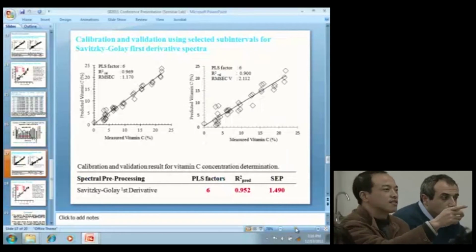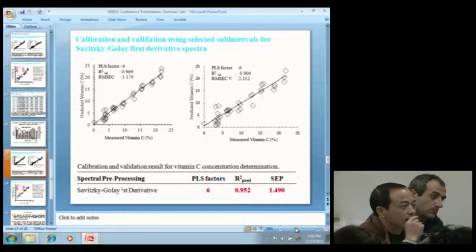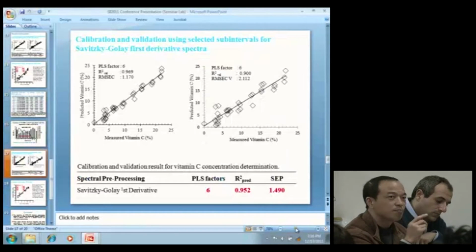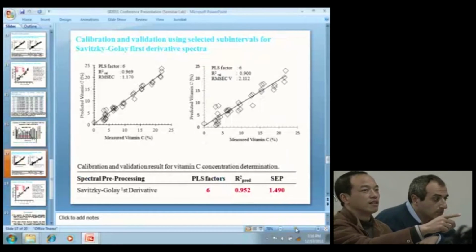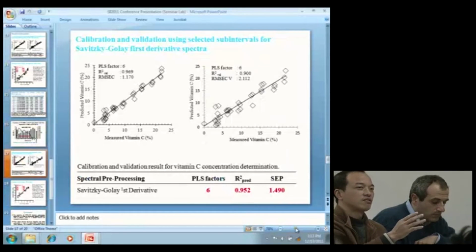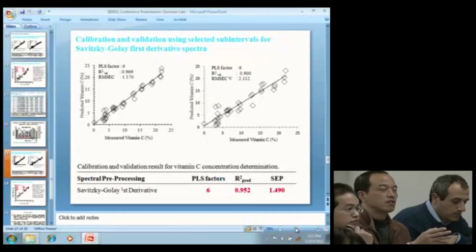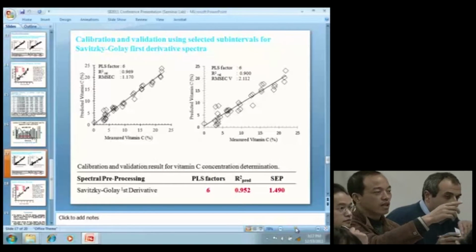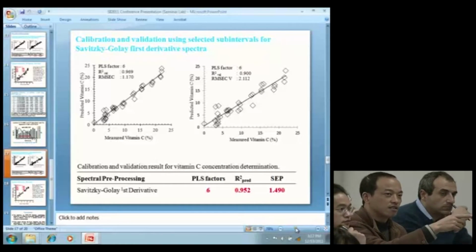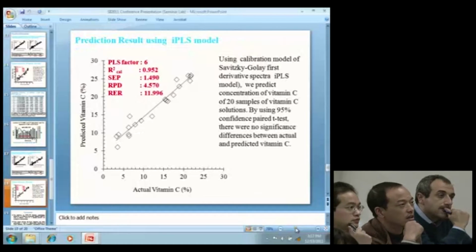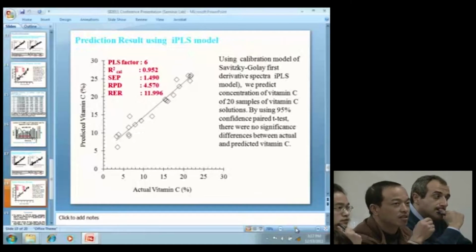I think the table just shows the prediction result. This one, just the result of the prediction. Yes, this is the prediction. So I think it should be moved to the next slide, the prediction result.